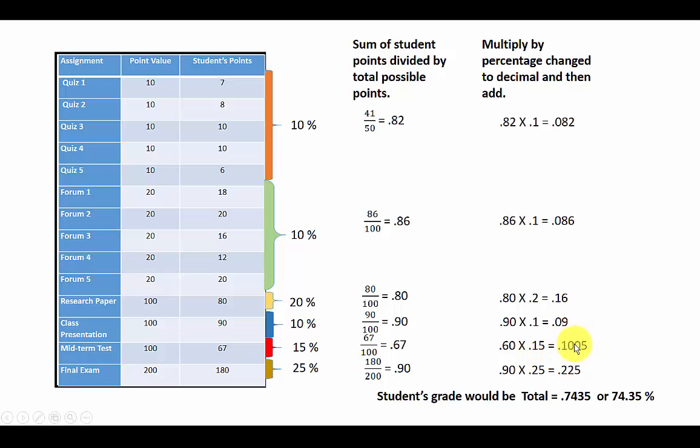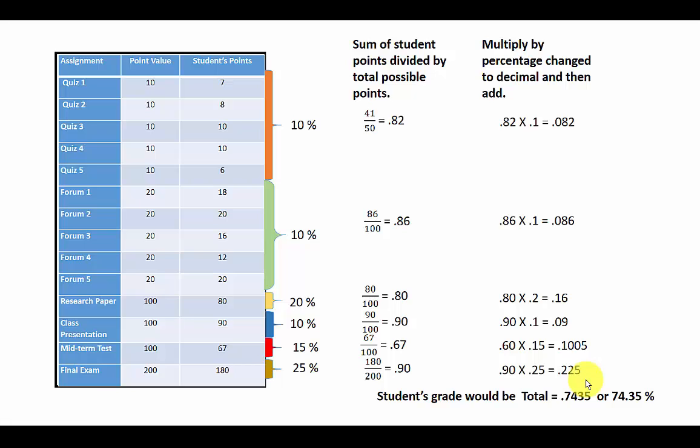And that is the correct answer when you multiply it times 0.67. And then on the final exam, they got 180 out of 200 points. That gives them a 0.90 times 25% as a decimal is 0.25, and that's going to equal 0.225.